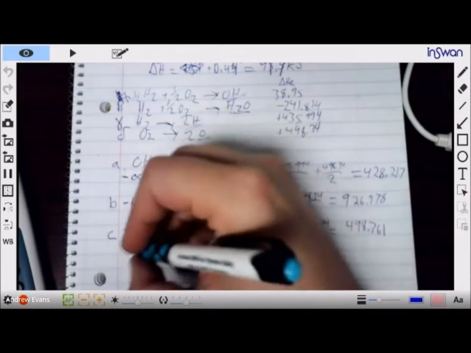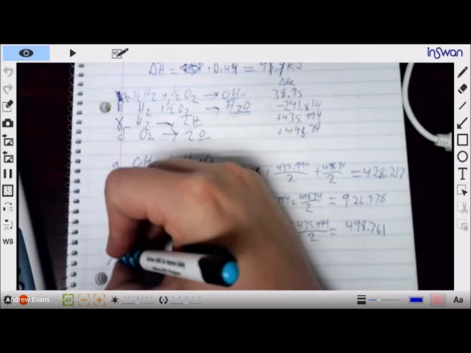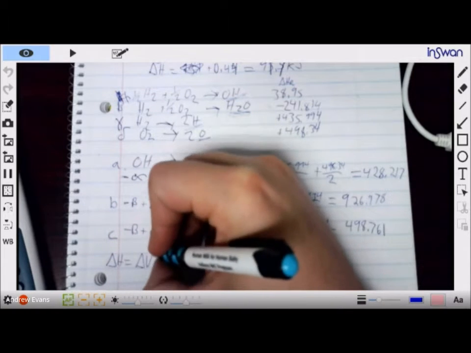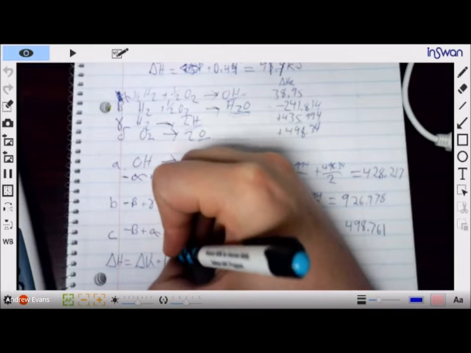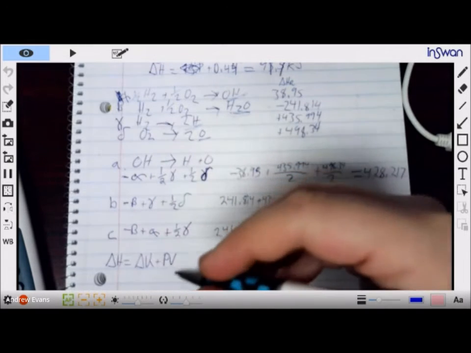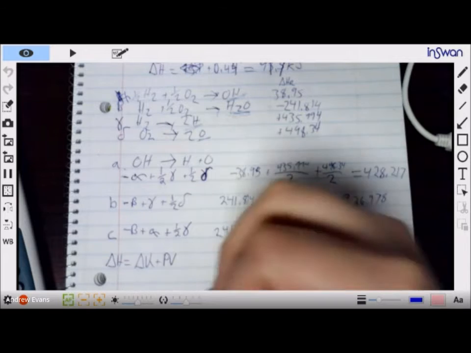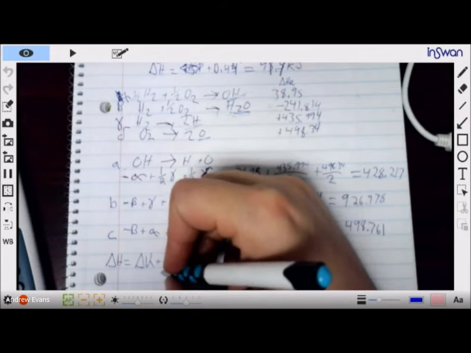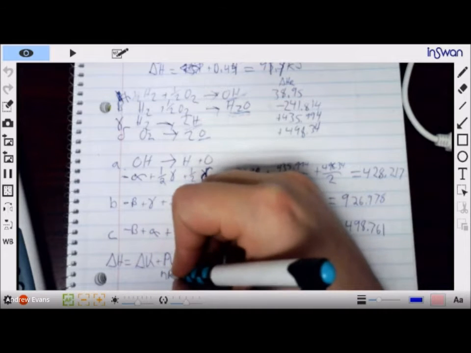Now, how do we calculate U? Well, H is equal to delta U plus PV. Well, once again, using ideal gases, we don't know P, we don't know V, but using ideal gases, we can say PV equals nRT.